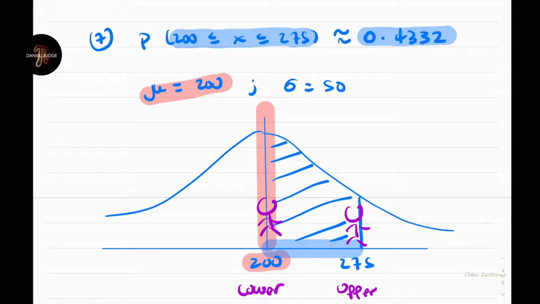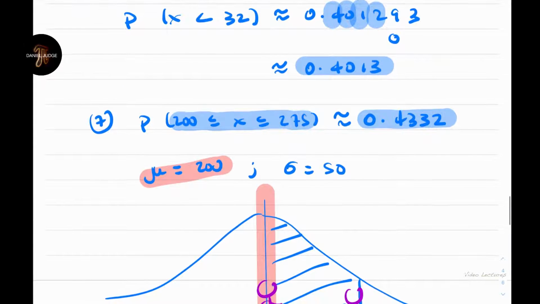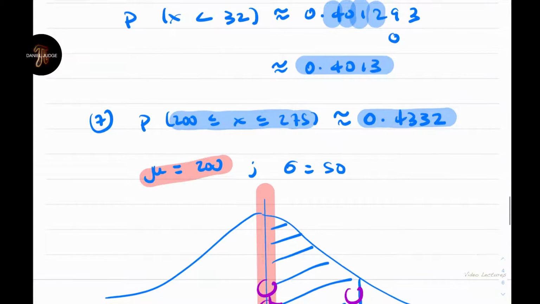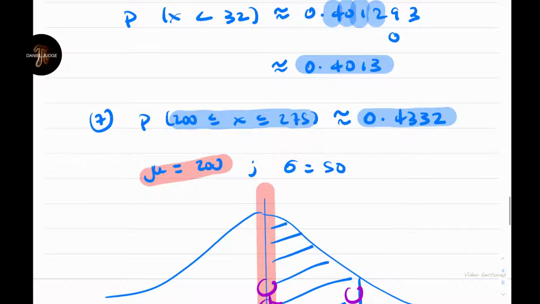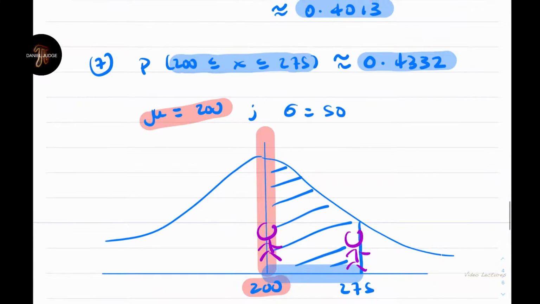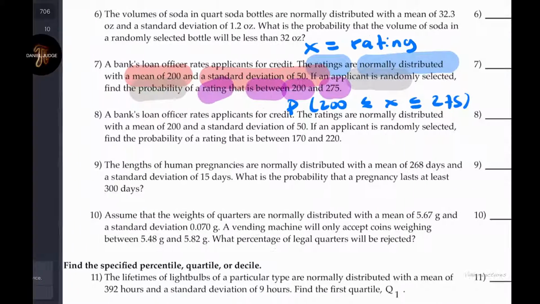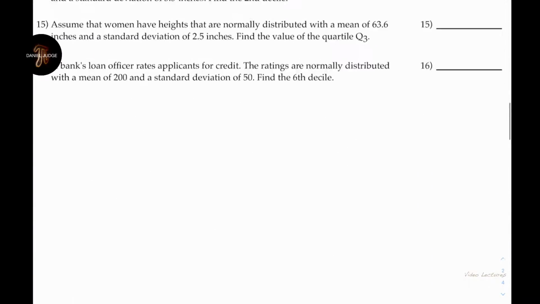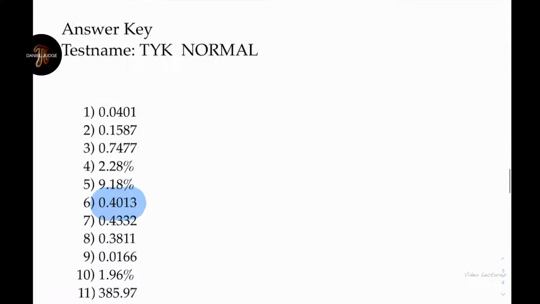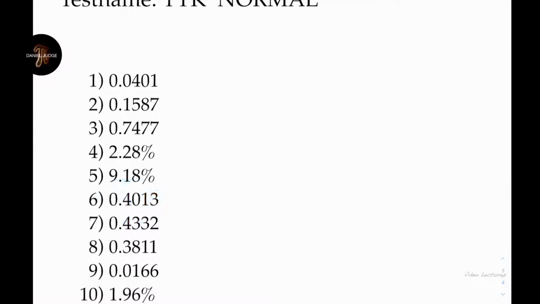Now that is a probability value, okay? 0.4332. It is 43.32%, but in the question they asked for probability. So in number 7, let's double check. And sure enough, it looks like we're fine. Keep the publisher.